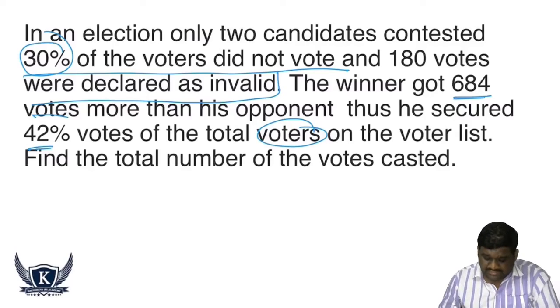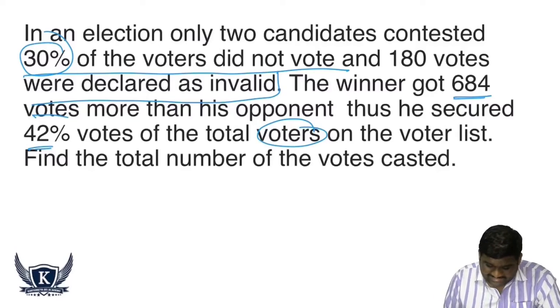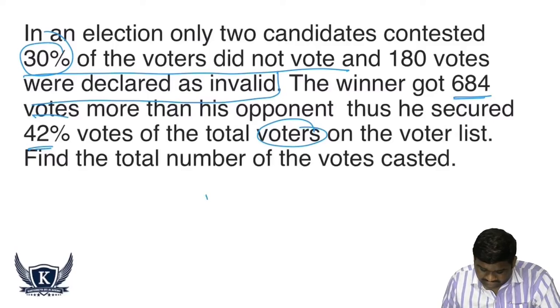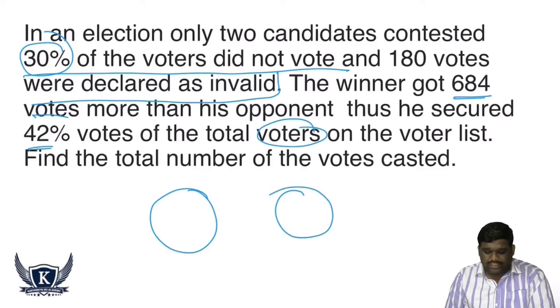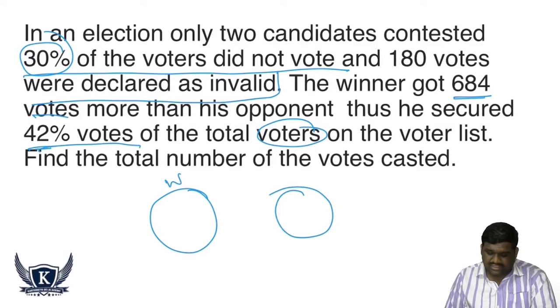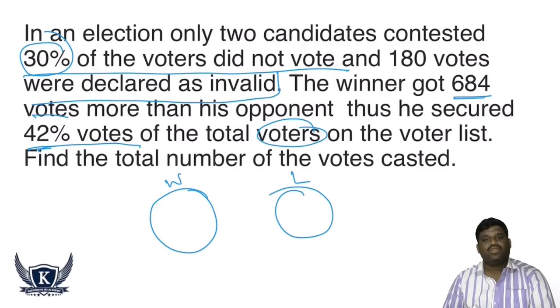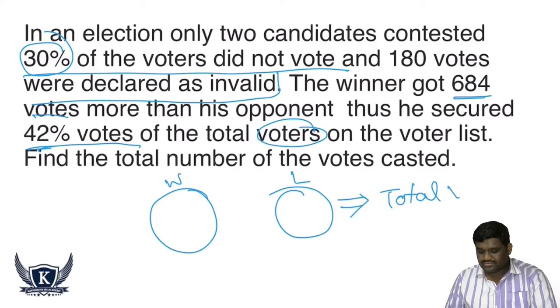Now this can be observed as, see sir, thus he secured 42% votes of the total voters. Let us suppose he is the winner and he is the loser. Whatever it is, winner plus loser is equal to total valid votes.